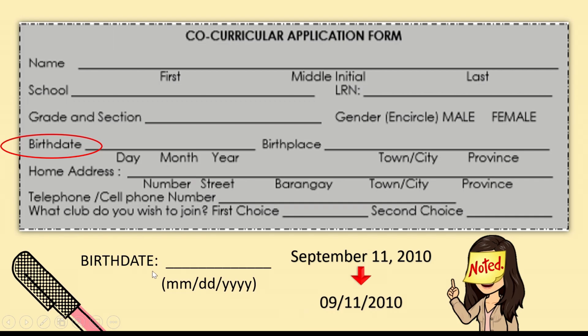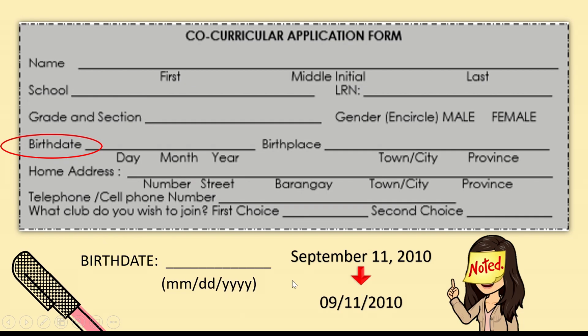09, dahil makita nyo dito, dalawang letter M. So, dapat isulat natin 0, tapos 9. And then, dalawang day, kumakatawan ito sa bilang ng araw. So, 11. On the 11th day of September, pinanganak. And then the year, 2010.